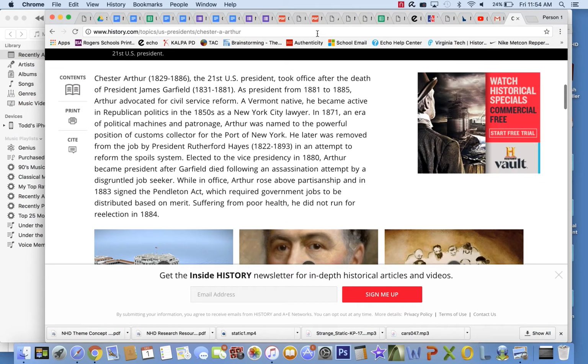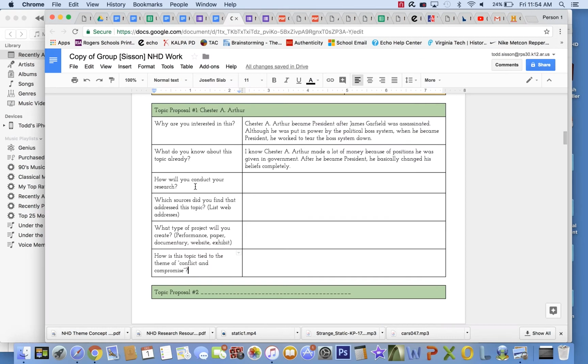Okay, so let's go back to this thing, because we've seen a few conflicts and compromises already, right? I'm going to put some of these in here. Conflict: James Garfield, the president over Arthur, gosh, I can't type that name at all, was assassinated.